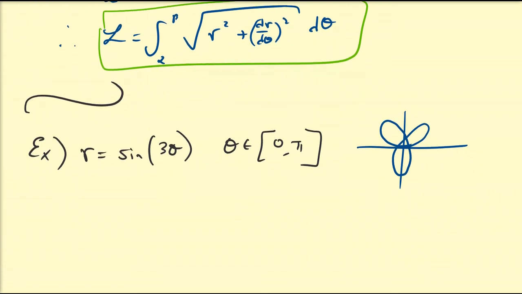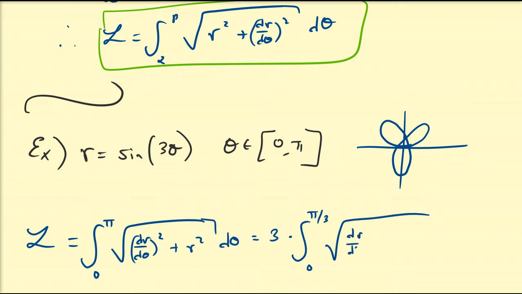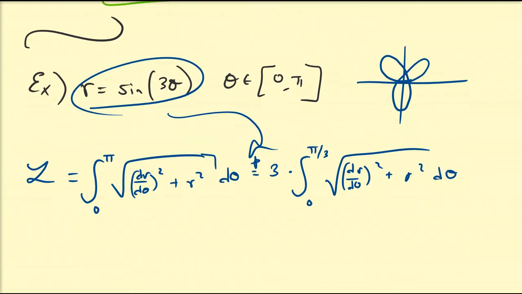All right, so by symmetry, we know that the arc length from 0 to pi of this curve, the square root of dr d theta squared plus r squared d theta, is just going to be equal to 3 times the integral from 0 to pi over 3 of the square root of dr d theta squared plus r squared d theta for this particular function r, right? So we're assuming that in this transformation.